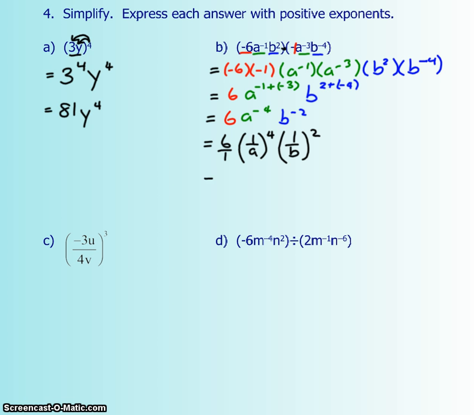Okay, so we have 6 over 1. 1 to the power of 4 is just 1, and then A to the power of 4 is A4. And then we're going to do the same thing here. Now our final answer is going to be the 6 times the 1 times the 1. You're going to get 6. The 1 times the A4 times the B2 is A4B2. Okay, now everything has a positive exponent.